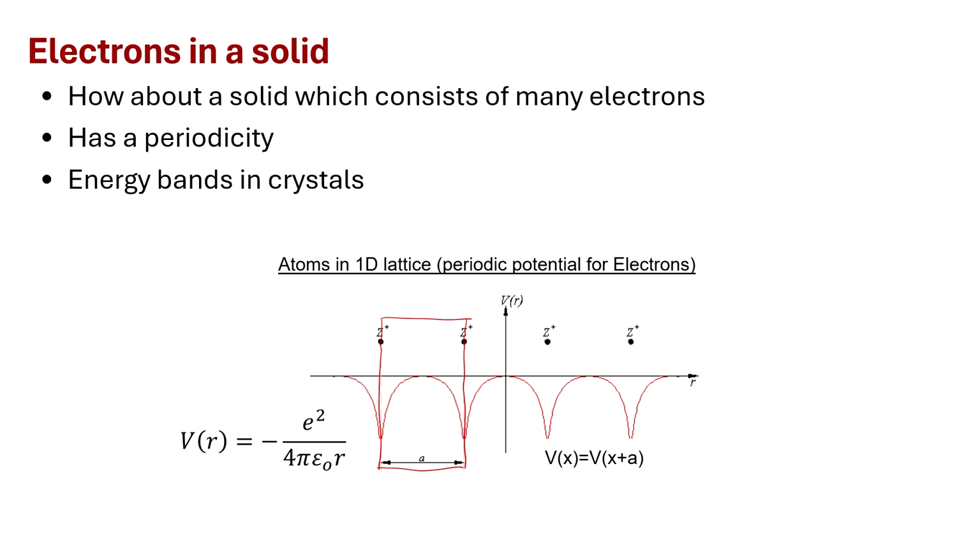So, this is one part of a lattice, which is, let us say, a unit cell, and this unit cell is periodic. So, the potential at any given point satisfies V(r + R) = V(r), where R is the lattice translation vector.